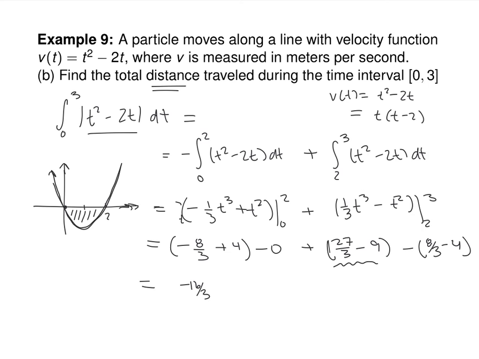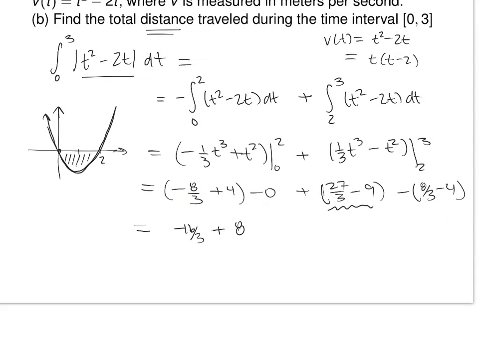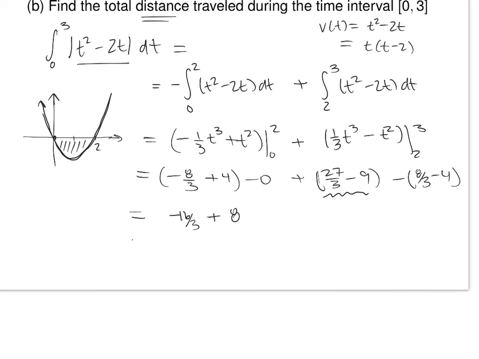Okay, and then plus 8, do you agree? Because the negative distribution makes that 4 into positive. Okay. So 8 is 24 thirds. So negative 16 thirds plus 24 thirds is indeed 8 thirds.